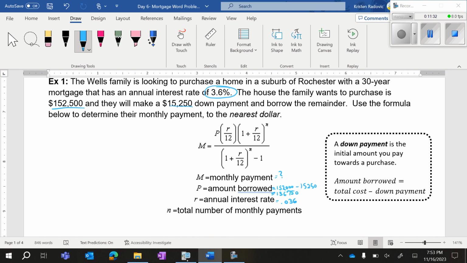I unfortunately have a mortgage and I have to pay it 12 times a year. So if you make 12 payments a year and you have a 30-year mortgage, how many payments are you making in total? We have 12 payments a year times 30 years. This is going to be 360 payments.